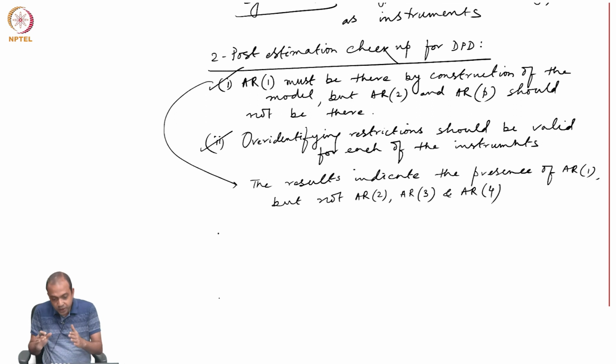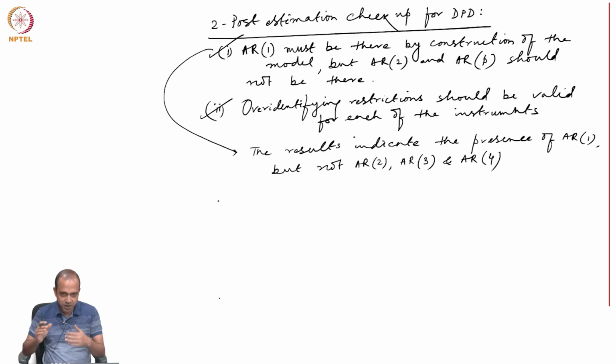Now, to test that condition post estimation, to go for that second post estimation checkup, we need to estimate the dynamic panel data model using another command, xtabond2, developed by David Roodman. So, what I am saying is, we can estimate the same difference and system GMM models by using xtabond2.